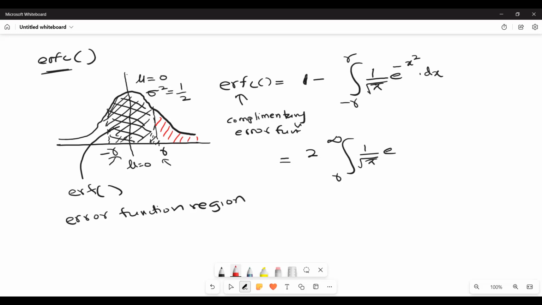The meaning of the title is not really related to the real world, and I don't really know the reason for the title, but the error function is basically finding the integration under this distribution function.